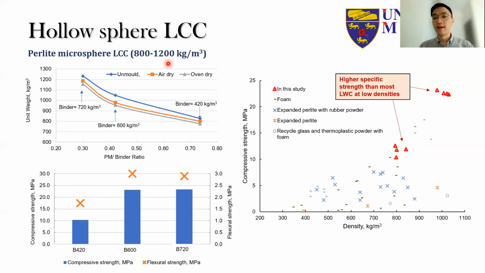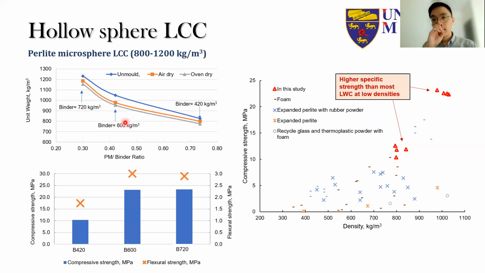We are modifying the ratios with the binder and also with the water, but we are not using any fine aggregate in this case. As you can see, we tried out 3 different binder contents.